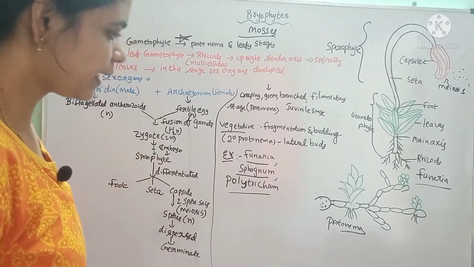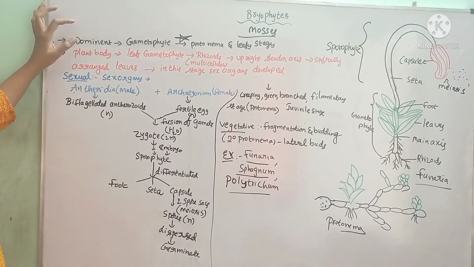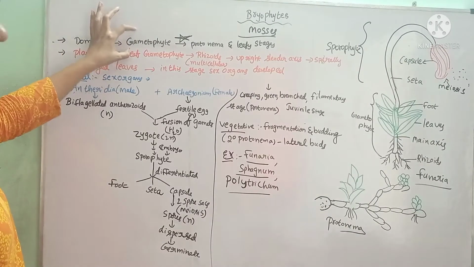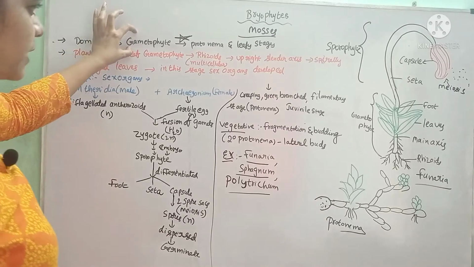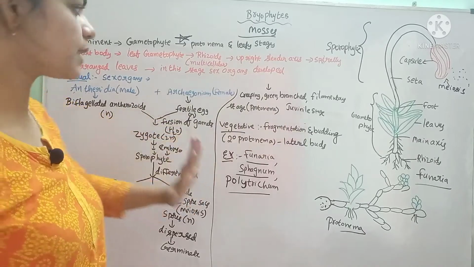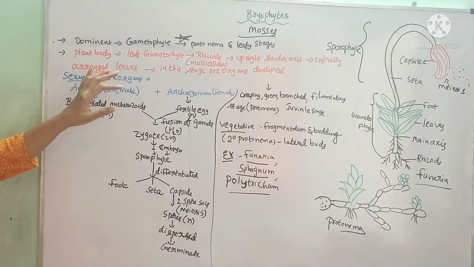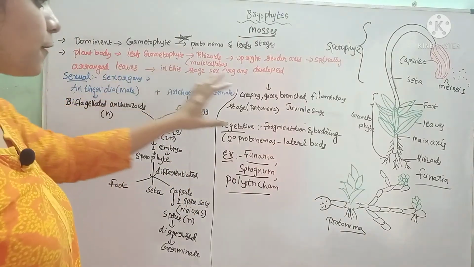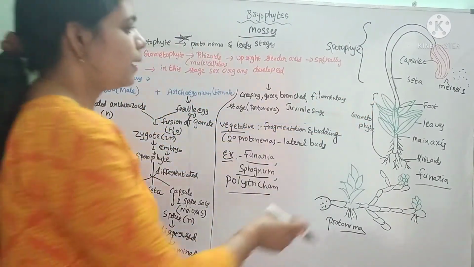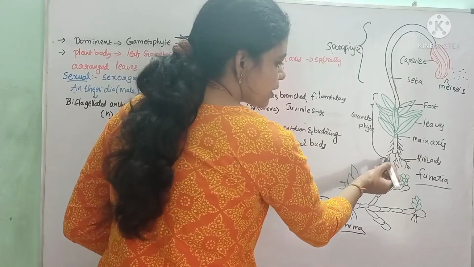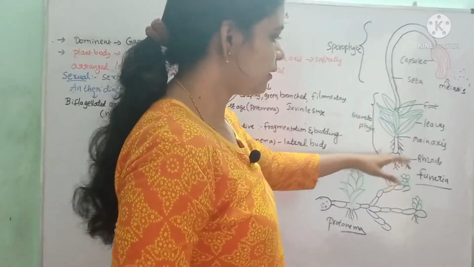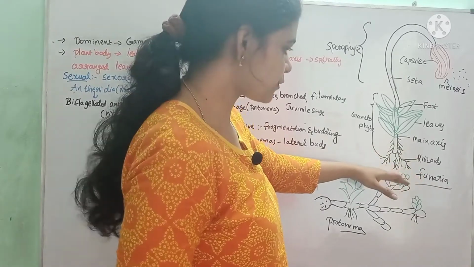I will tell again, in the mosses, what is the dominant phase? The gametophyte is the dominant phase. Before this gametophytic stage, there is a protonema, and leafy stages will be seen. The plant body of these mosses consists of leafy gametophyte. Below this, there are several root-like rhizoids. By means of these rhizoids only, the plant body is attached to the substratum.